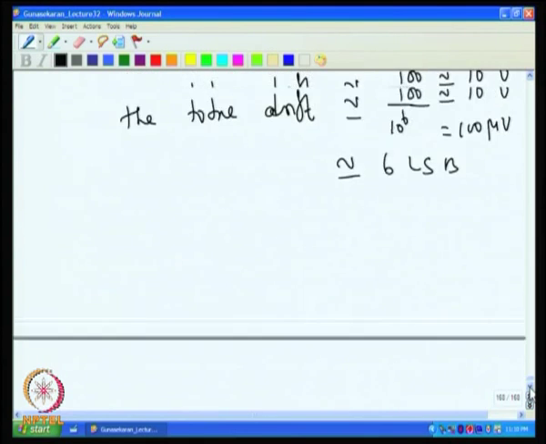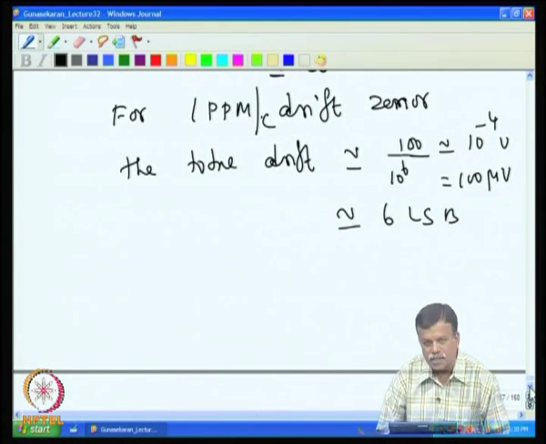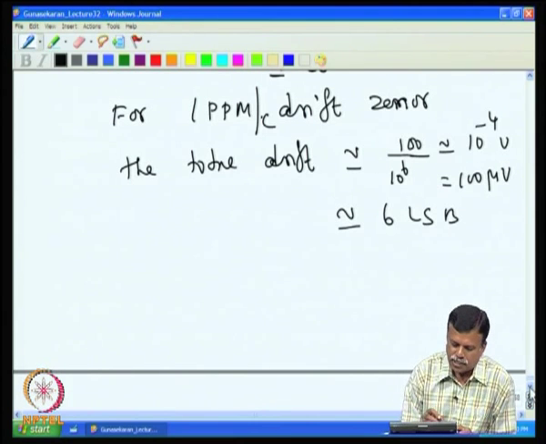Similarly, offset voltage drift is another major error which affects the converter's accuracy very much. So, the second error is offset drift.